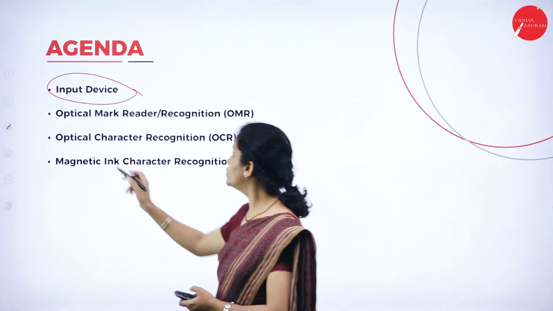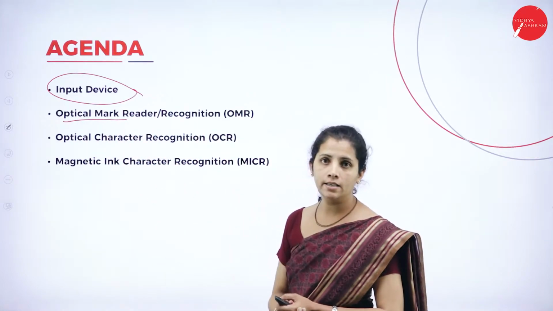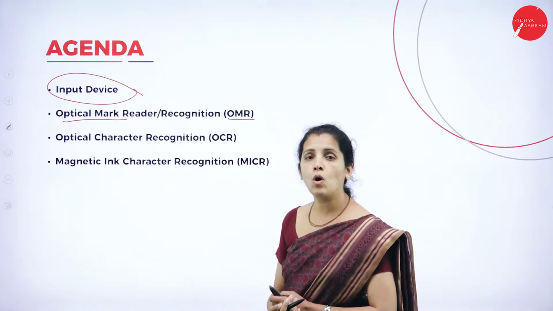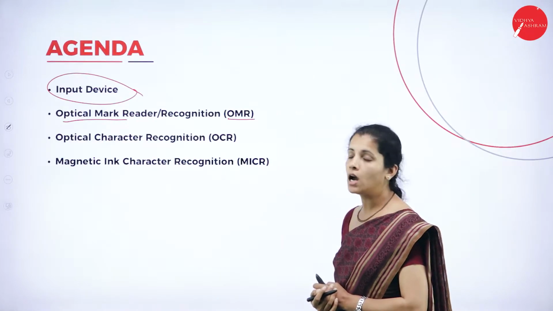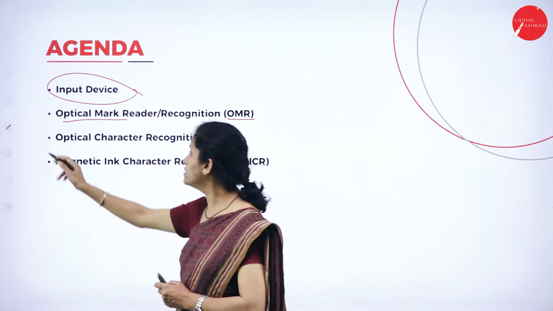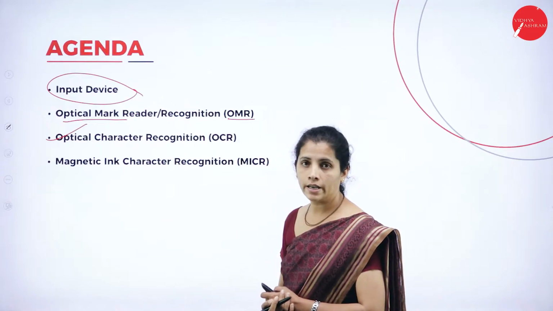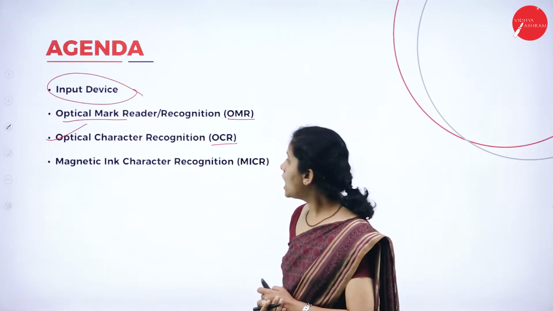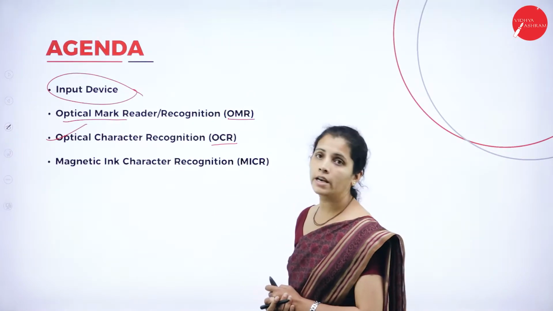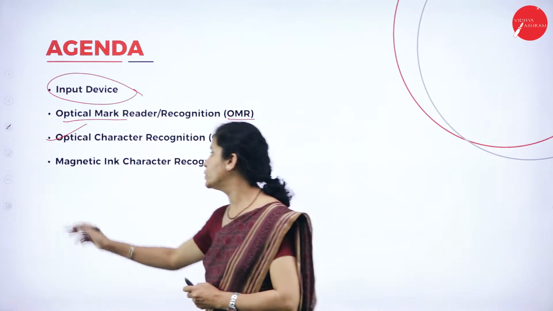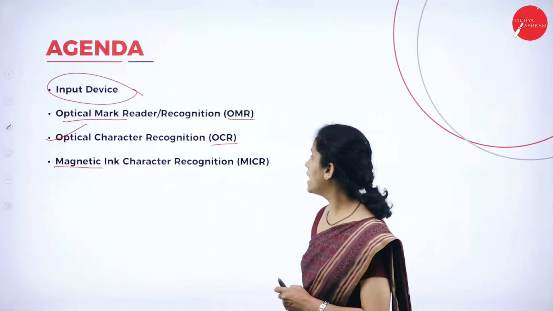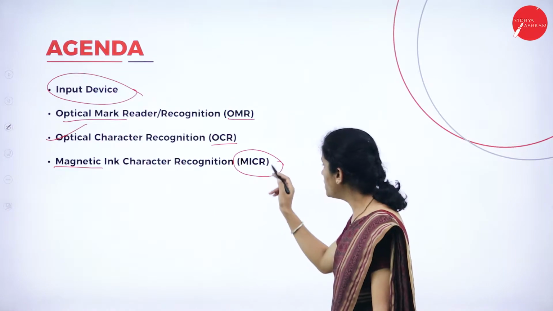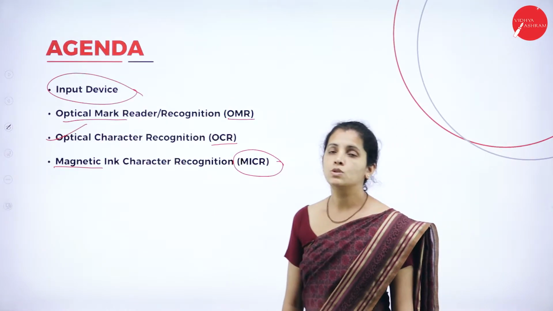Along with that, I'm going to deal with optical mark recognition or reader, also called OMR; optical character recognition or reader, also known as OCR; and magnetic ink character recognition or reader, also known as MICR.